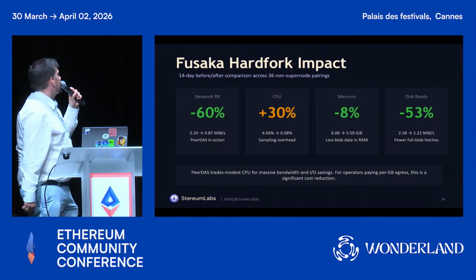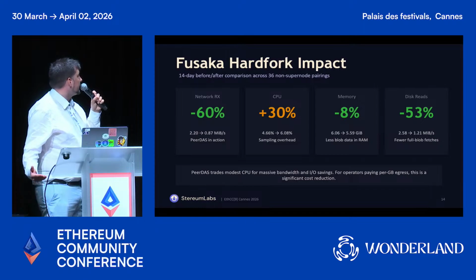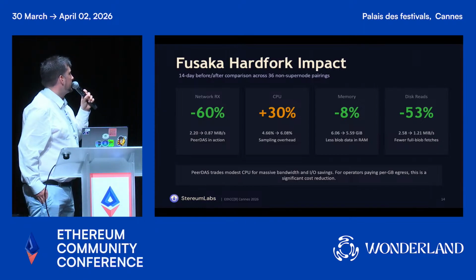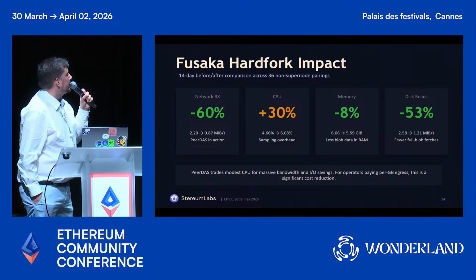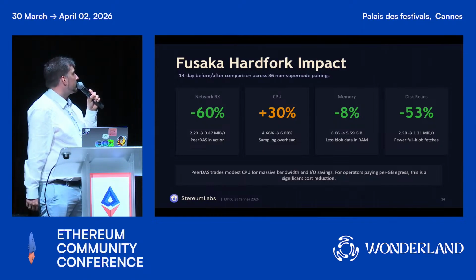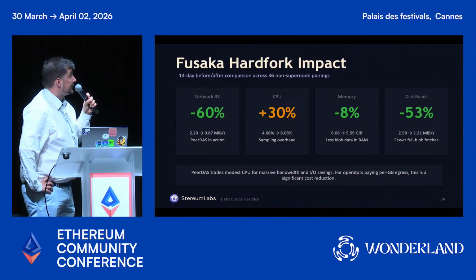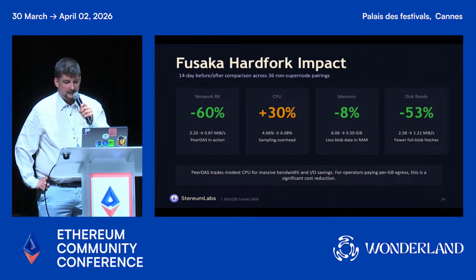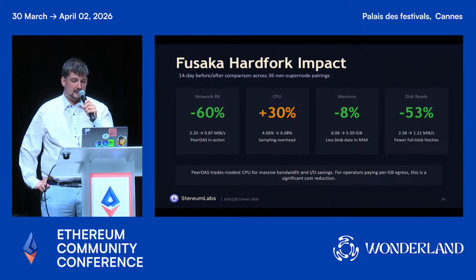So, what are the results? The network RX dropped by 60%. The CPU rose on average by 30%. The memory is down 8%, and the disk, as probably expected, is down by half, a drop of 53%.